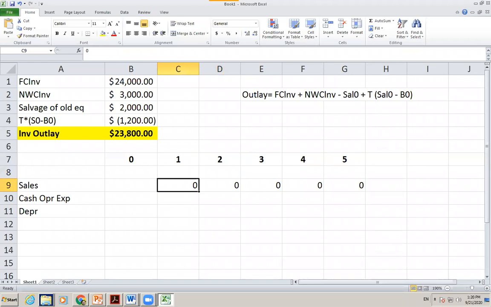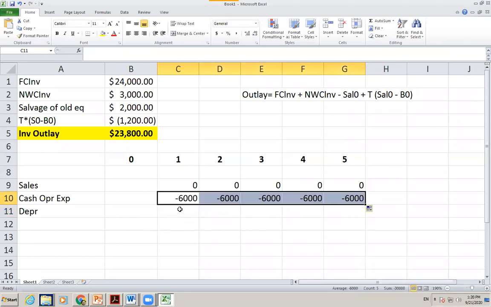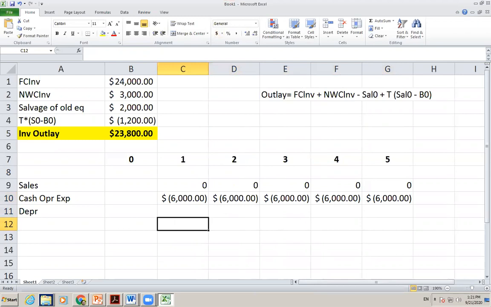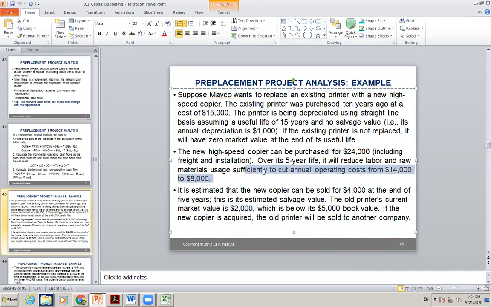And who remembers how much we will save if we replace it with the new equipment? 6,000, very good. Before we used to have 14,000, now it's reduced to 8,000. So we are saving 6,000. We're gonna have minus 6,000 for all years. We're gonna dollarize it. The amount that you're saving is 6,000.